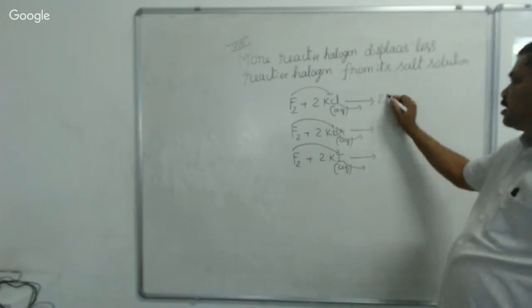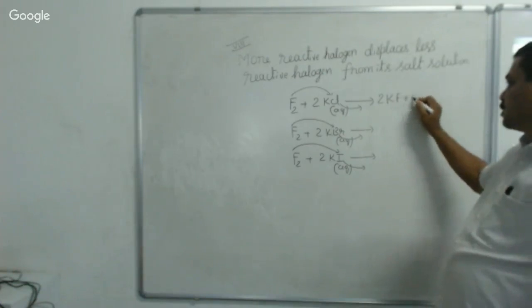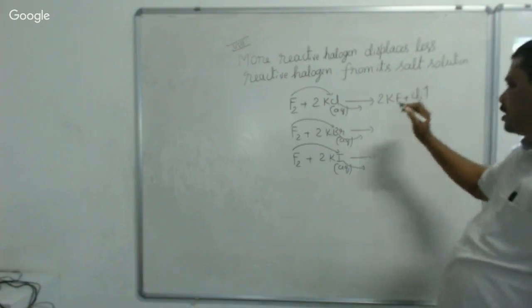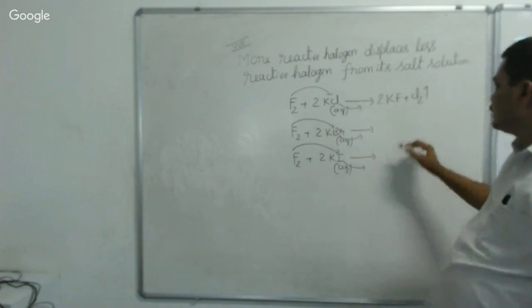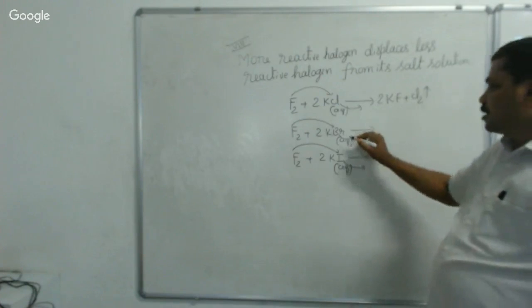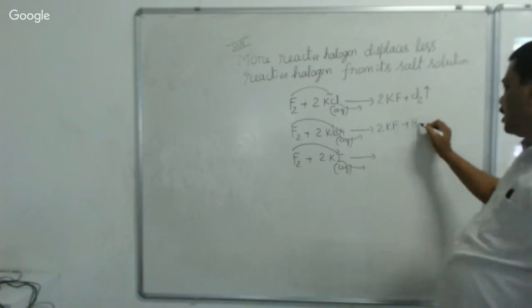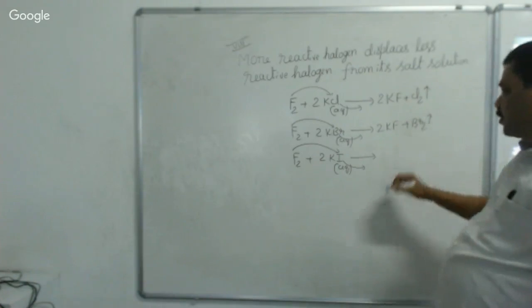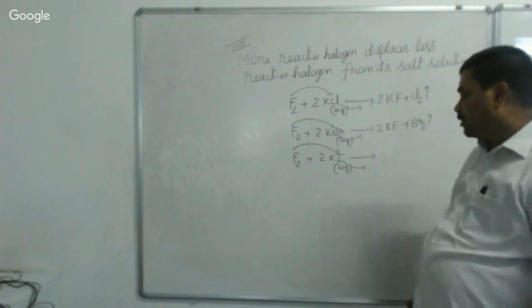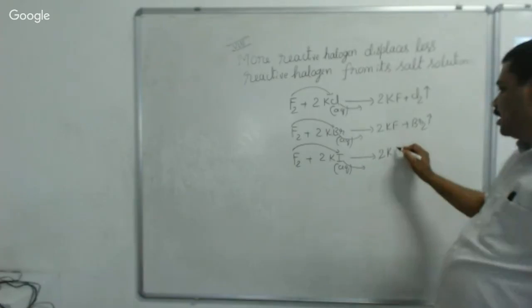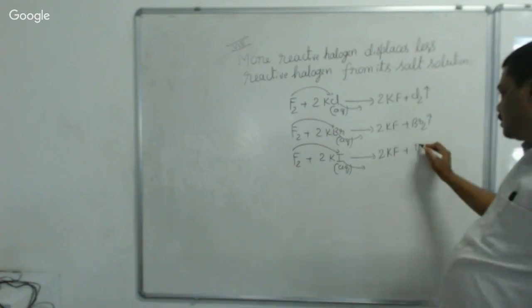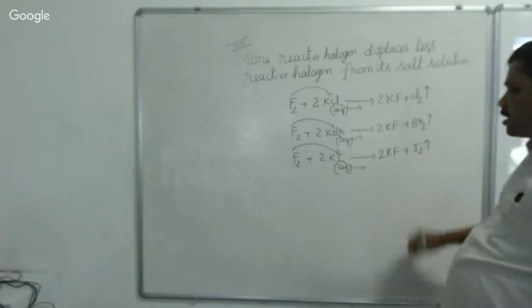So finally it displaces chlorine from its chloride salt. Similarly, it displaces bromine also from its bromide salt. Finally, it displaces iodine also from its iodide salt.